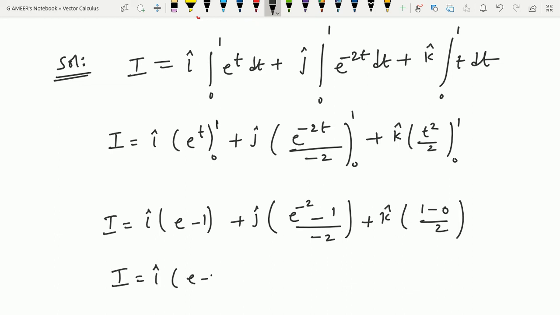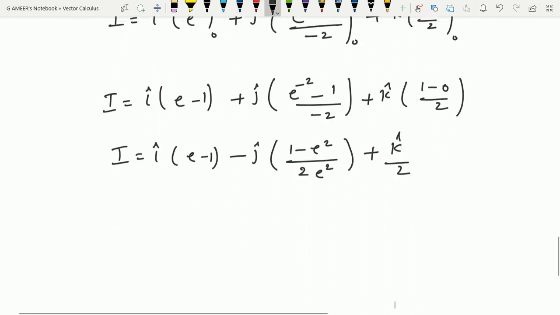So I is equal to e minus 1 i, then e power minus 2 is 1 by e square, so it becomes minus j cap into 1 minus e square by 2 e square, then k cap by 2. Okay, fine. So this is the very simplest problem.